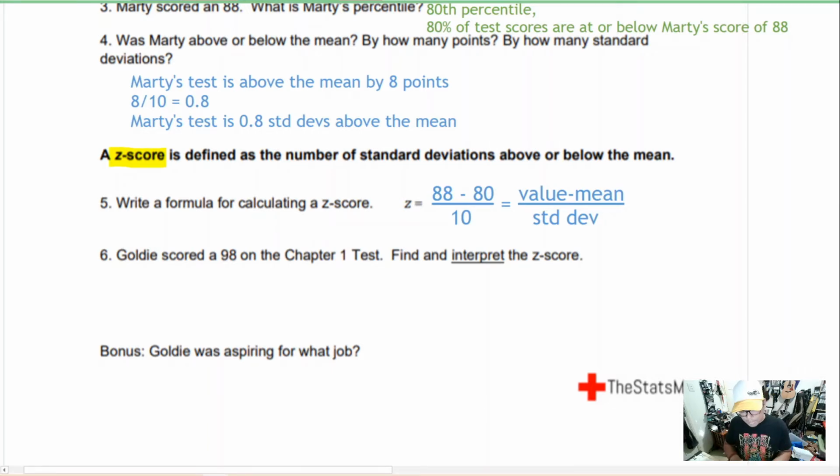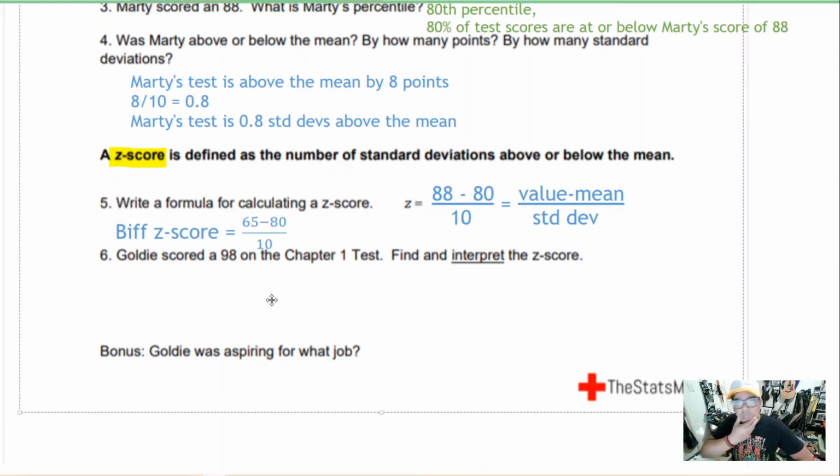Something interesting happens when we look at Biff and his z-score. If we use that same formula for Biff's z-score, we get 65 minus 80 over 10, and that's equal to negative 1.5. And that brings us to something important with z-scores. You may not think that negative 1.5 is kind of a wonky thing, but it's actually a feature.